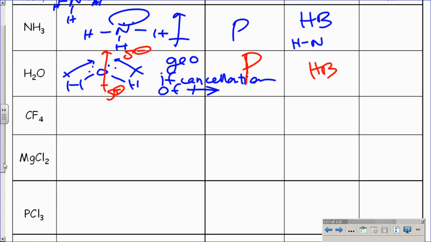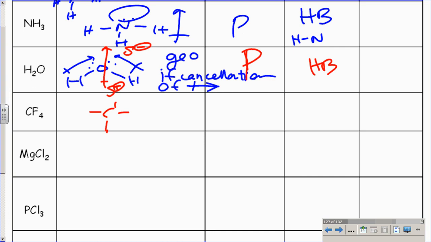All right, CF4. Shape? Tetrahedral. Polarity? Why is it nonpolar? Okay, the electrons are equally dispersed around the 3D sphere, and you know that because the dipole moments all point in opposite directions.